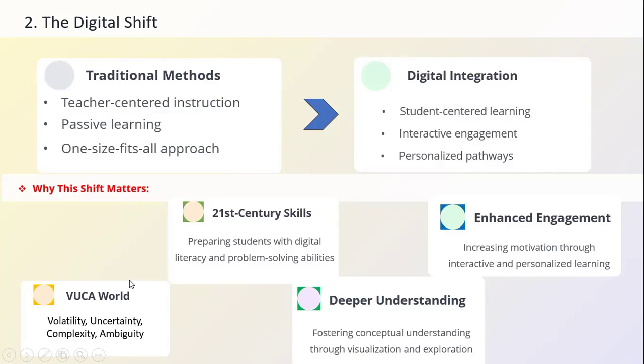And finally, even though it's not completely solved, we have already solved the COVID-19 problem. So the world we are living in right now is full of uncertainty, complexity, ambiguity, and volatility. It means that the traditional methods of teaching cannot solve the VUCA problem. That's why the shift matters.